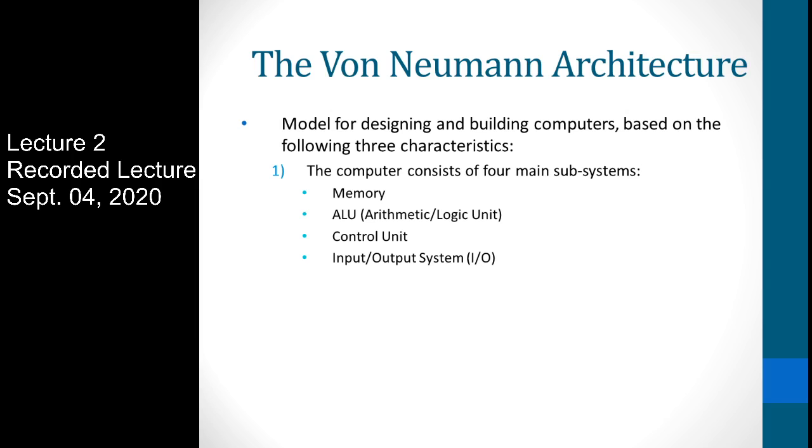Number 2, program must be stored in memory during execution. Yan yung the best kung bakit up until now, all the computer system architectures are still following von Neumann architecture. Lahat ng program na ini-execute ng computer, it must be stored in RAM, in random access memory. Kasi bakit?